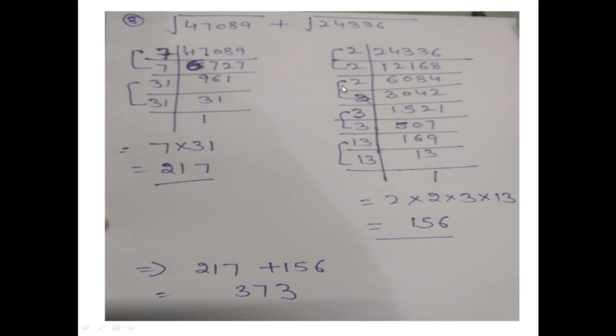And when you find the square root of this number, you will get one number from this pair, one number from this pair, one from this, and one from this. And multiply all these numbers, you will get 156. Now, according to the question, you have to add the square roots of these two numbers. When you add the answers of these two square roots, you will get your answer 373.